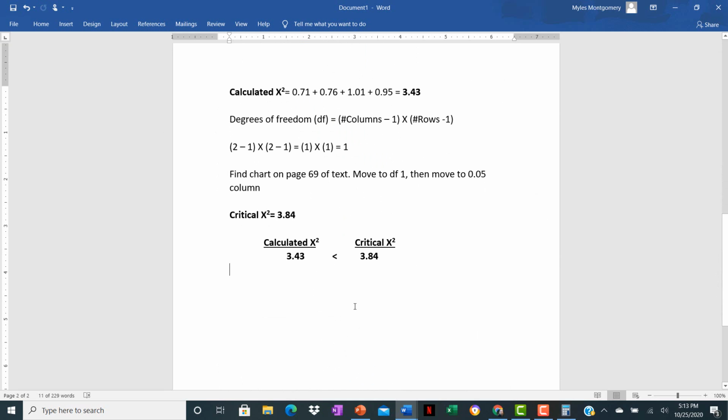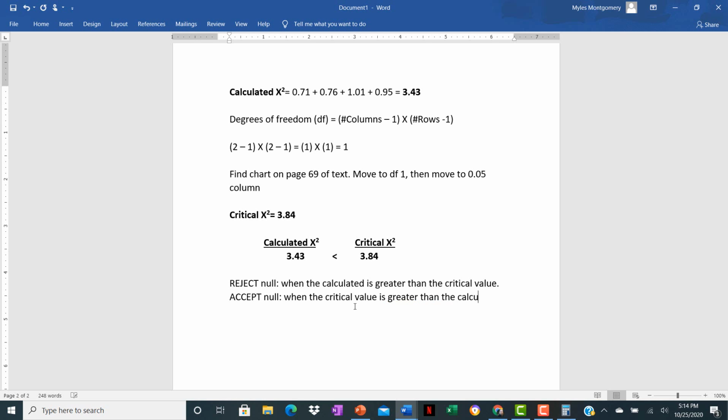We reject the null when the calculated is greater than the critical value, and we accept the null when the critical value is greater than the calculated value.